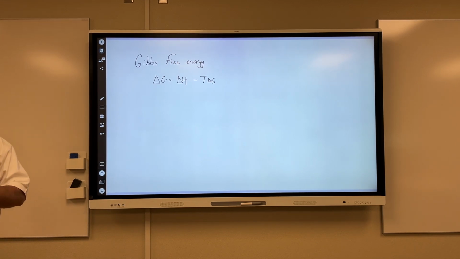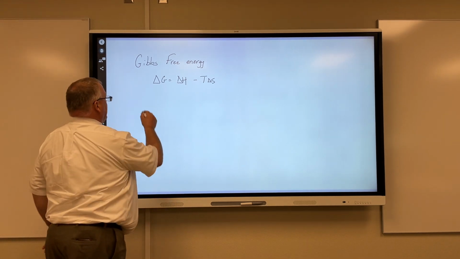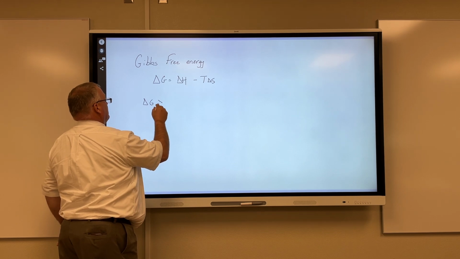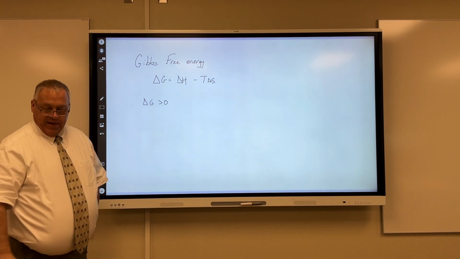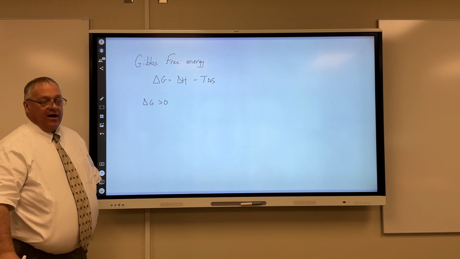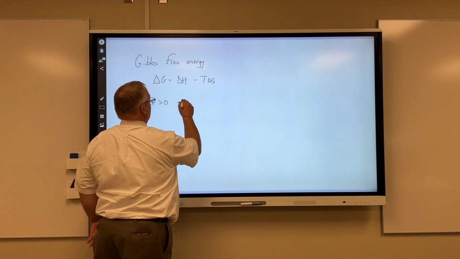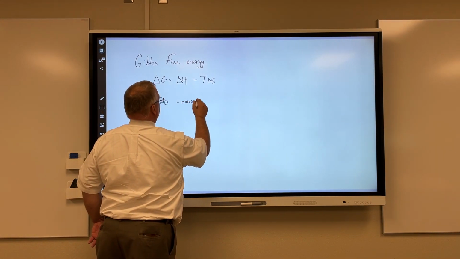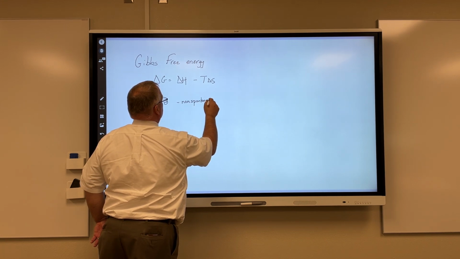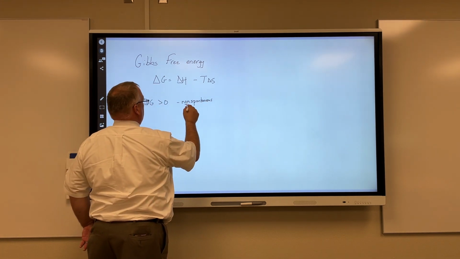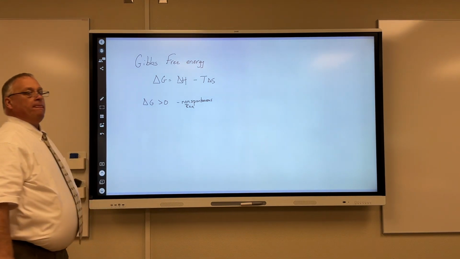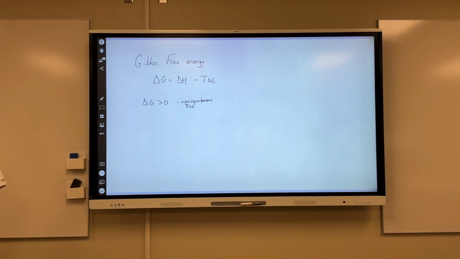Now, why is this important? Because if delta G is greater than 0, we have a non-spontaneous reaction. Which means what? That means the reactants are more thermodynamically stable than the product. That's what a non-spontaneous reaction is.